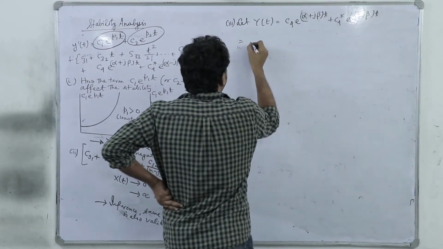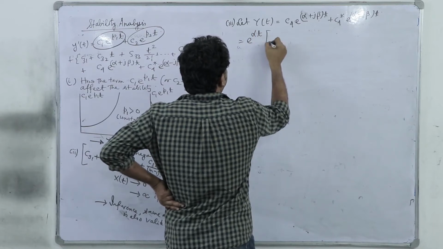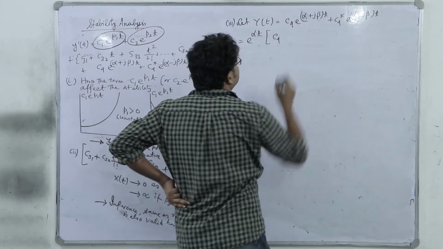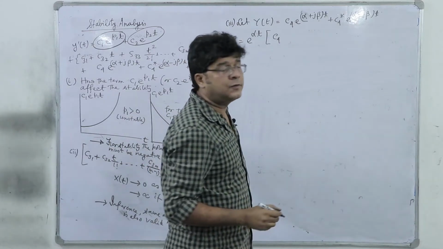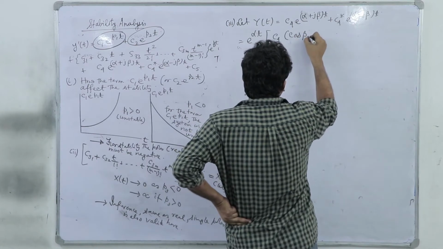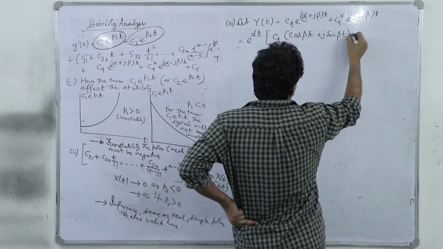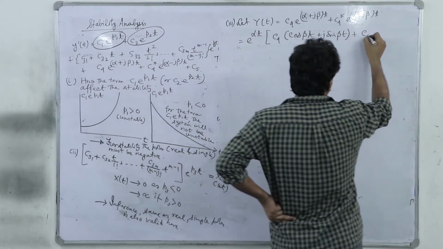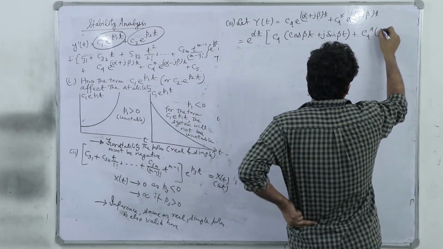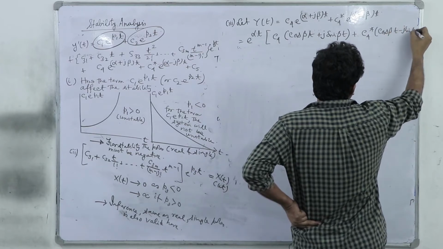So, what we can do? We can simplify this as e to the power alpha t into C4. Now, e to the power j beta t, we use Euler's formula and write this cos beta t plus j sin beta t plus C4 star cos beta t minus j sin beta t.